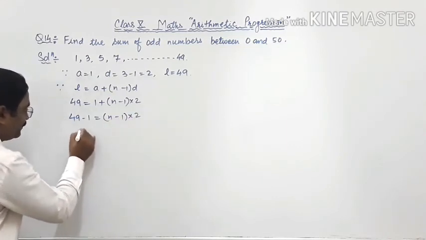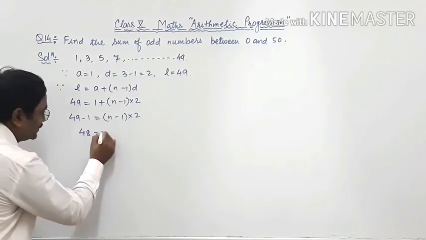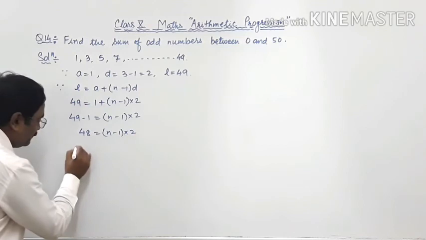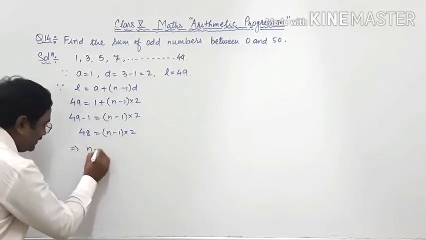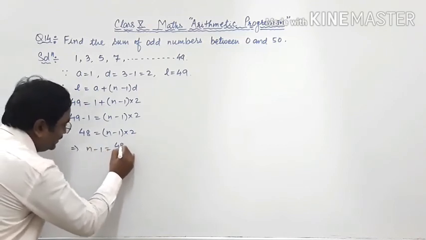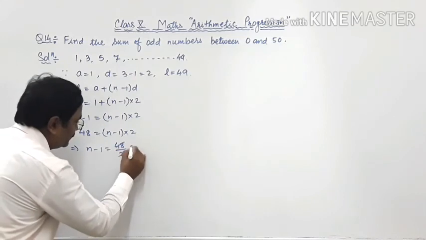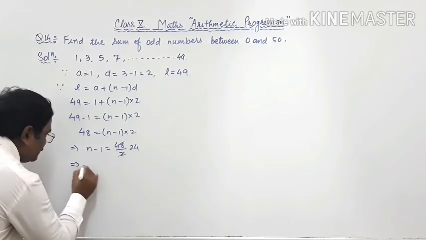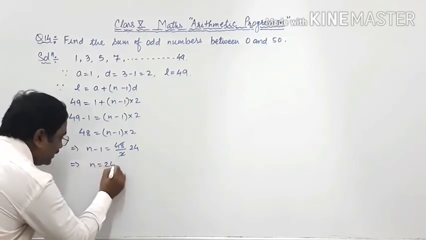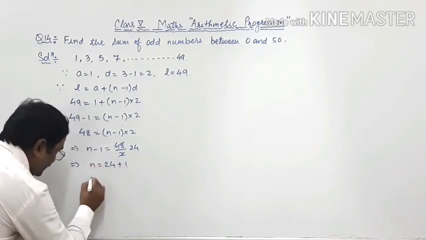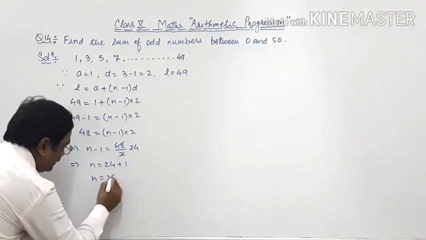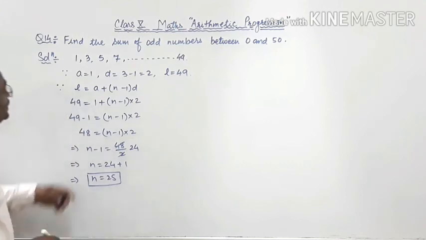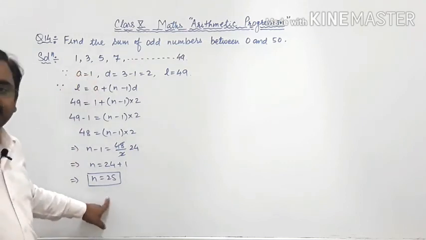Therefore 48 equals n minus 1 into 2. So n minus 1 is equal to 48 upon 2, which gives you 24. So n is equal to 24 plus 1, that is 25.